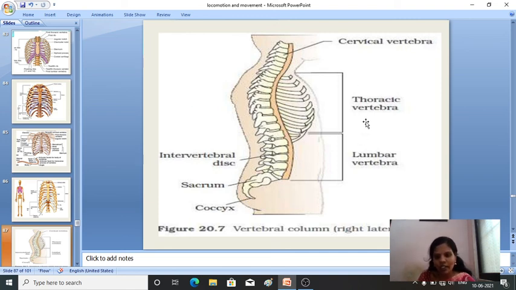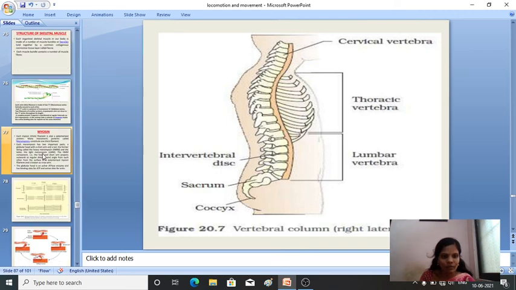In this slide you can see the vertebral column and its bones: cervical, thoracic, lumbar, then sacrum and the coccygis. 5 different types of vertebrae you can see, and the coccygis is the last part of the backbone.